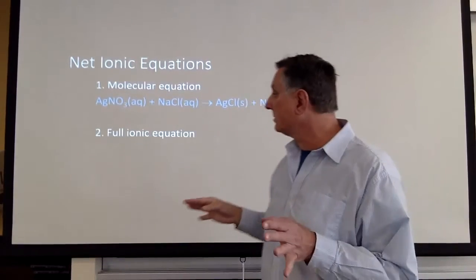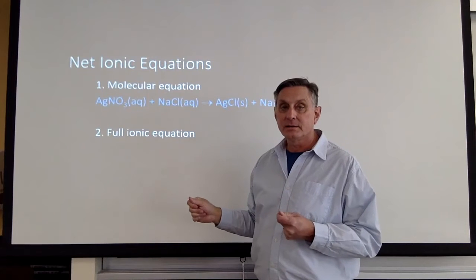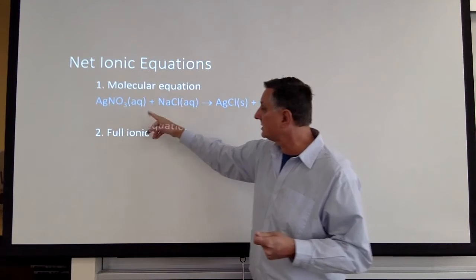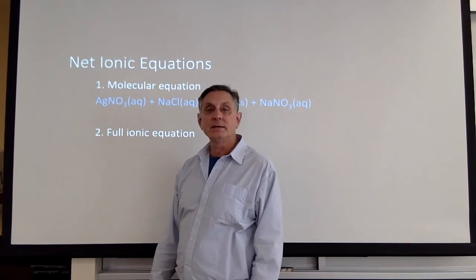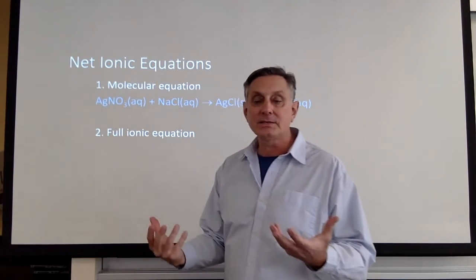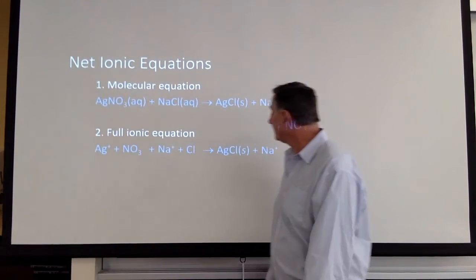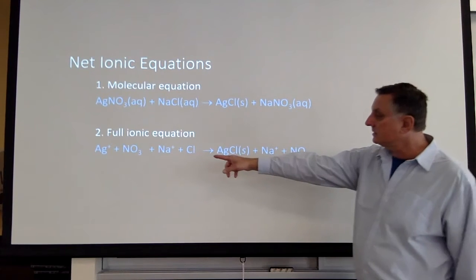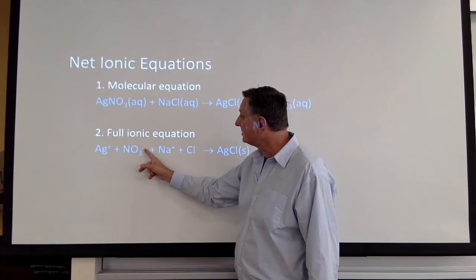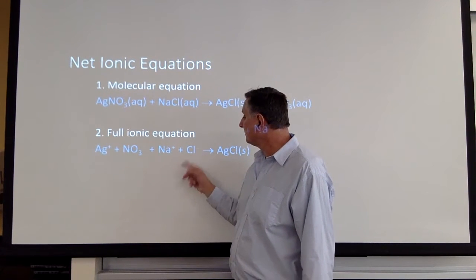Once you have the molecular equation, we write the full ionic equation. For full ionic, the only difference is everything that's aq, you separate into cation and anion because that's how it actually is in solution. This is the full ionic equation here. So we've got Ag plus, NO3 minus, and Cl minus.